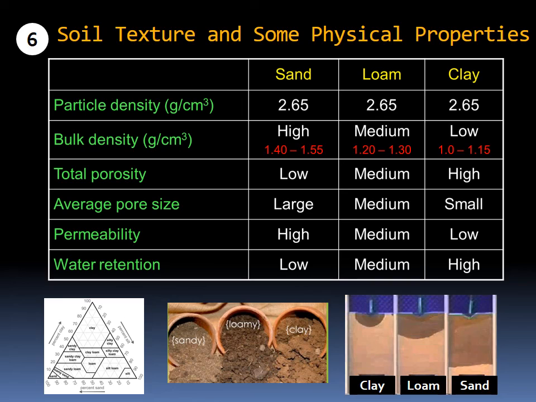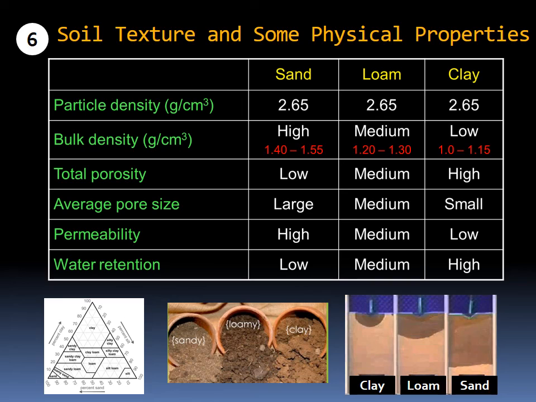But again, remember that the porosity and even the bulk density cannot tell the whole story about the suitability of this soil. Keep in mind that you still need to consider the nutrients and many other factors. And keep also in your mind that yes, clay holds more water, but can the plant absorb all of this water?